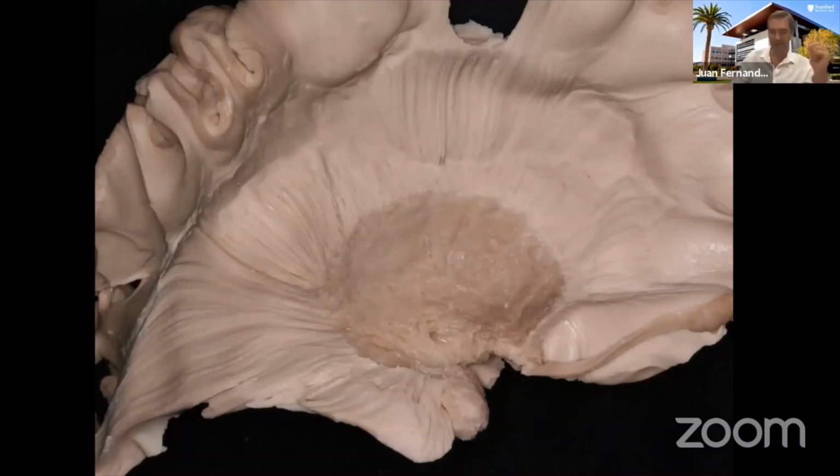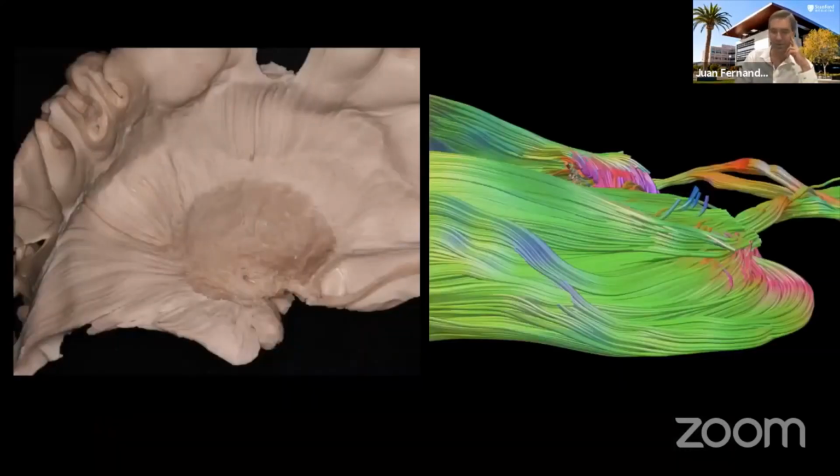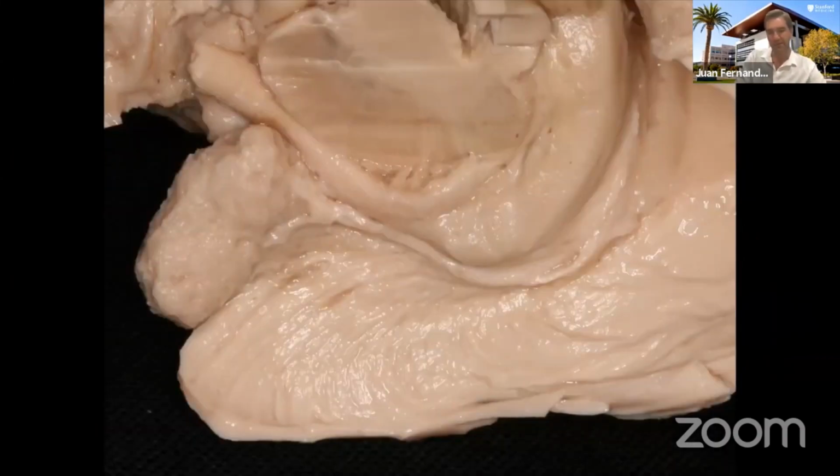But when we talk about the temporal lobe, of course, we also care about the optic radiations. You see this nice dissection here with the optic radiations and the correlation with fiber tracking. You can look at the amygdala in front of the optic radiations, and this is the view from the ventricle. If you look at the amygdala and the location of the optic radiations, you can realize that if you're going to go into the temporal horn and you want to preserve the optic radiations, the best way is going from the front, from the amygdala and the limen insula, to get access into the temporal horn without disrupting the anterior part of the optic radiations.